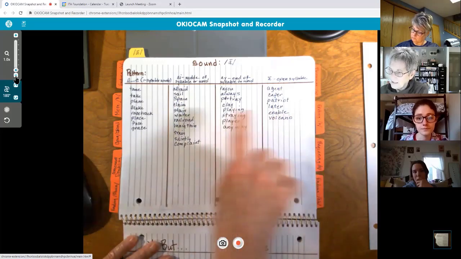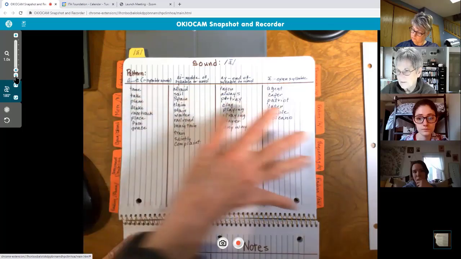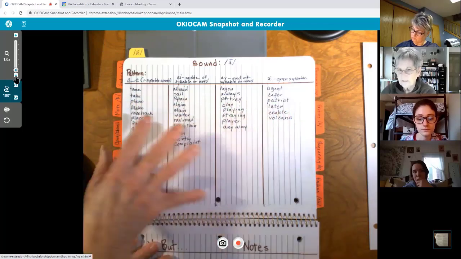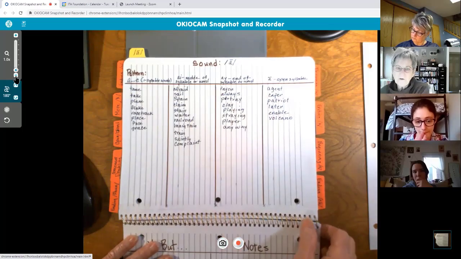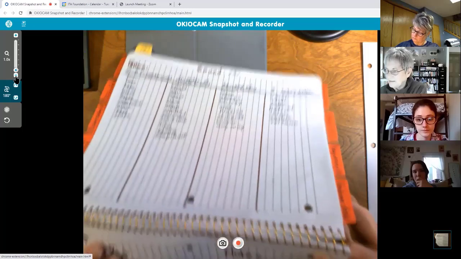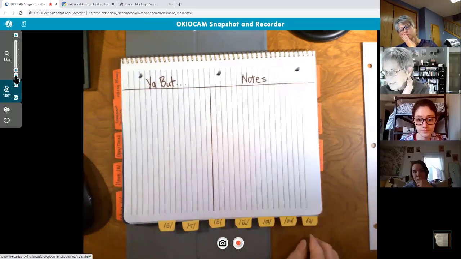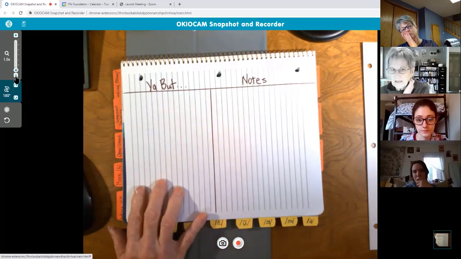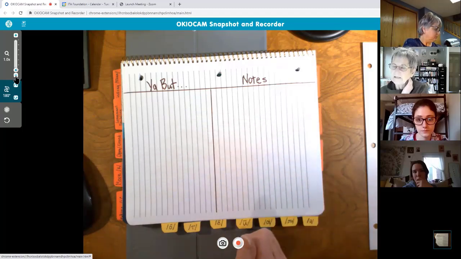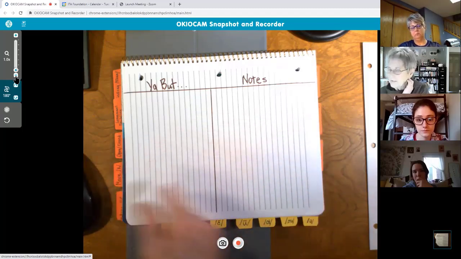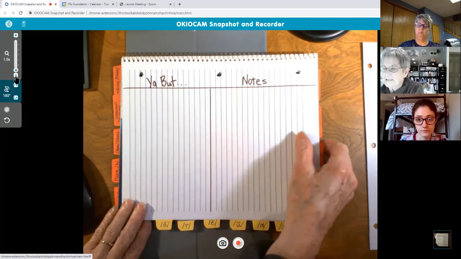So on one page, and it's okay if you want to do it in their regular notebook and just have them make columns this way, that's fine for this spring. But in the fall, they'll have that. And then on the facing page, they have a page to put their yabbats and any notes, like stories they write, or the yabbats being the ones that don't fit and what you found out by going to etymology online.